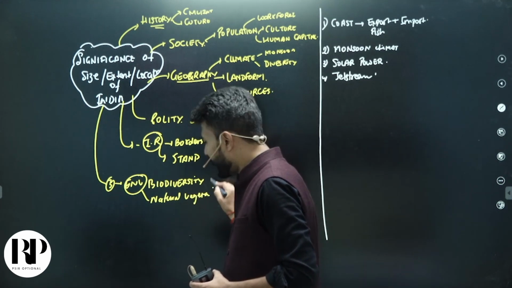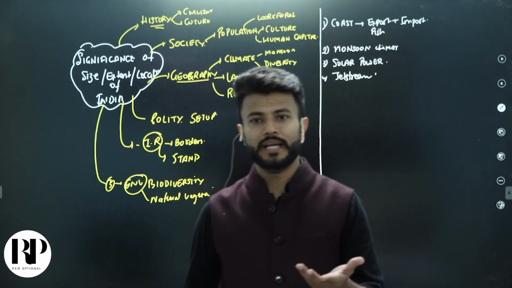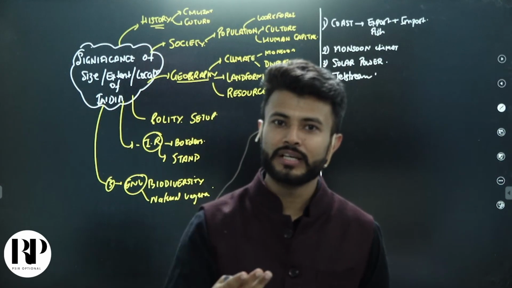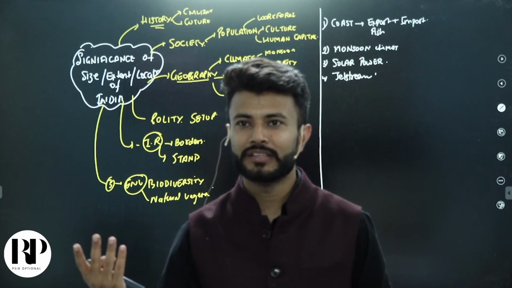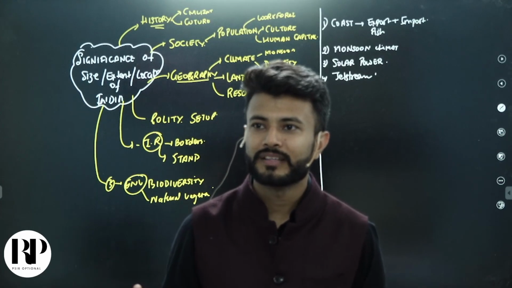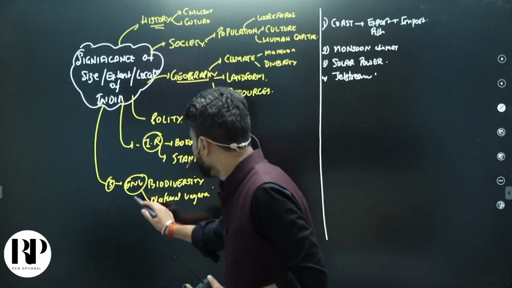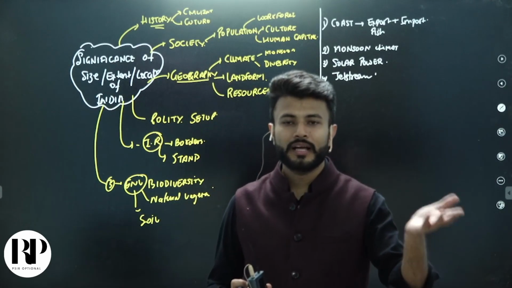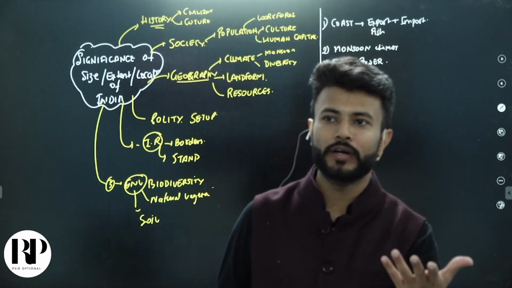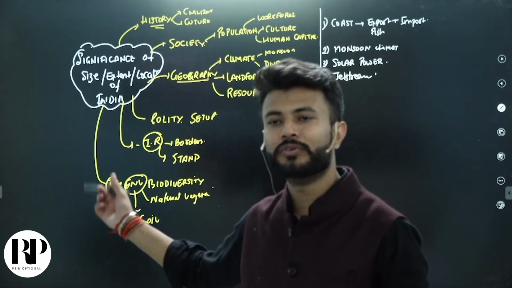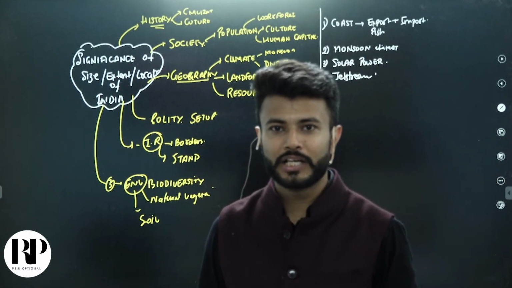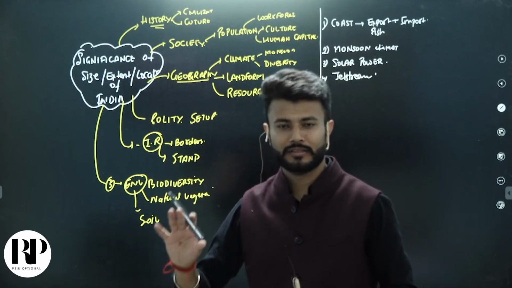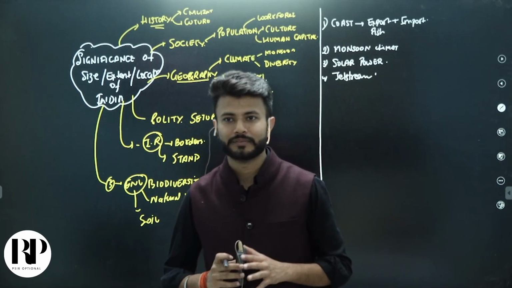Because of the location of India only, you will get thorny forests, mountain forests, coral reefs, mangroves, shola forests. Similarly, you will get a lot of soil types also: black soil, red soil, alluvial soil. Why? Because of the location only. Are you getting it? Now GS4, we will not go into ethics, we don't need to interlink that much, okay?